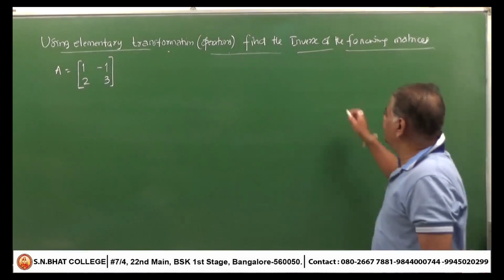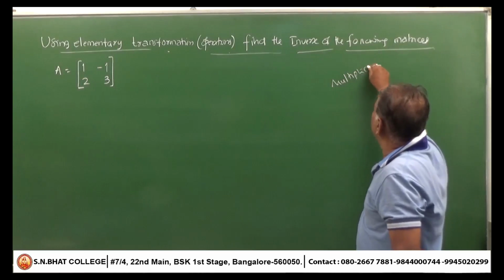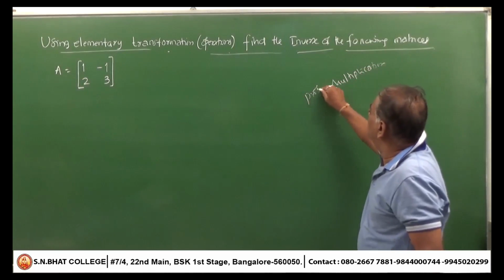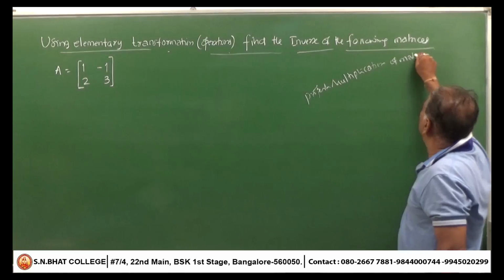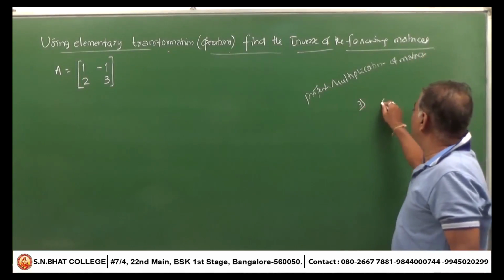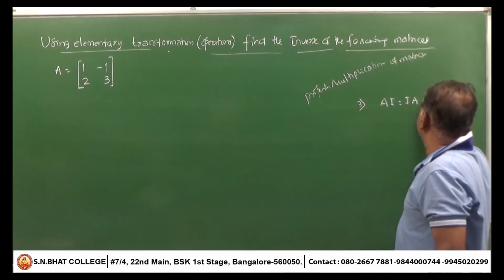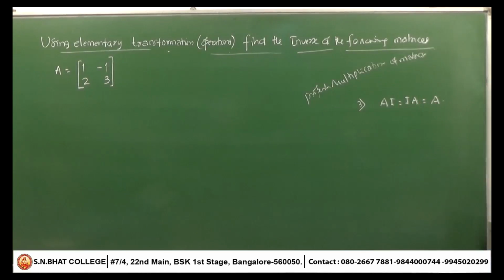See, in properties of multiplication of matrices, the third property is A into I is equal to I into A is equal to A. Multiplication of matrices satisfies the identity law.